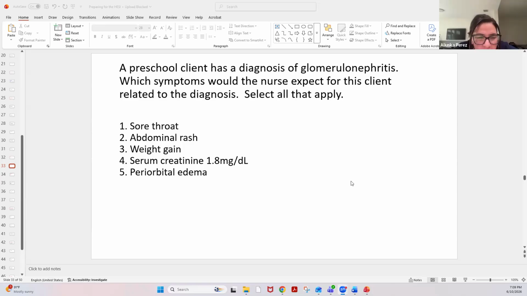Three, the creatinine value, the periorbital edema for sure, because it's in the glomerulus, so it's not filtrating, so it will retain fluid.